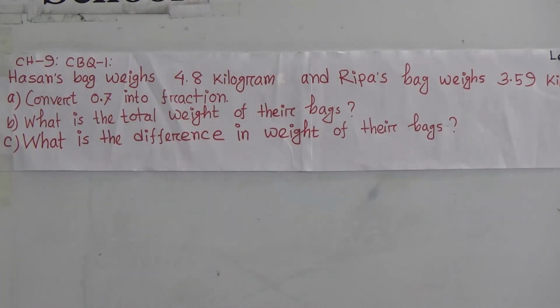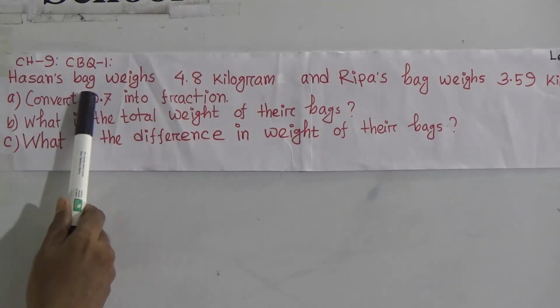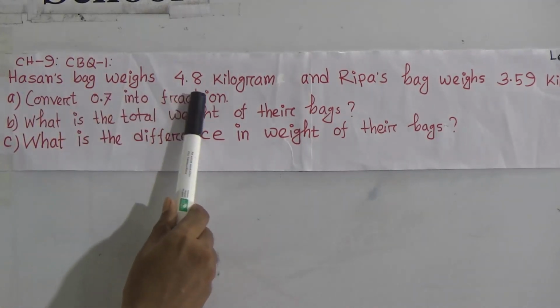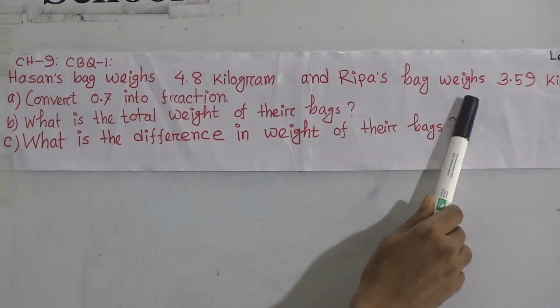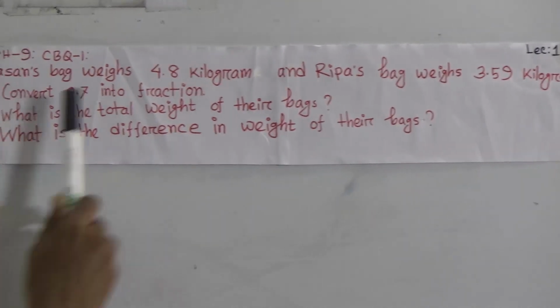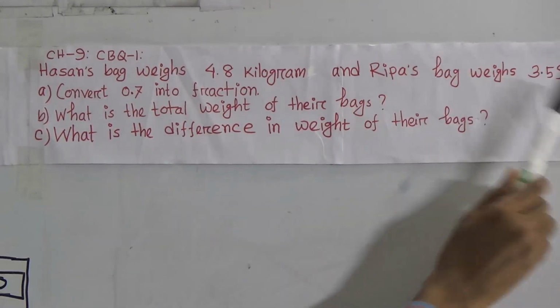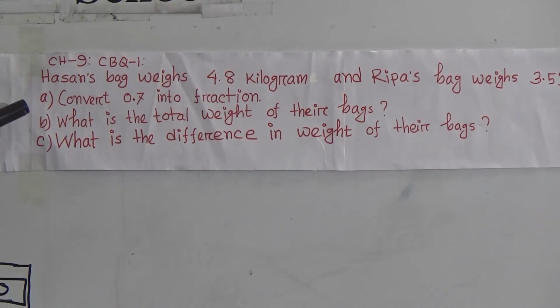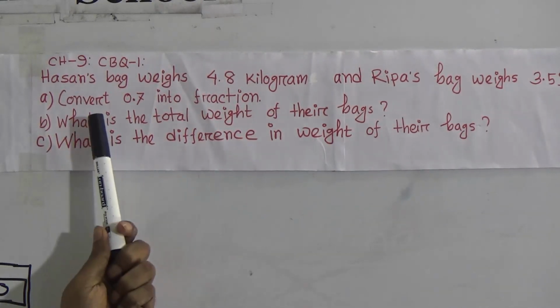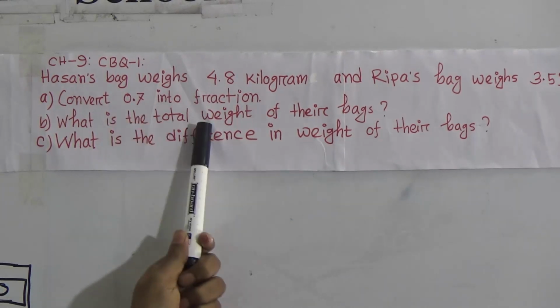Okay, you see Hassan's bag weighs 4.8 kilogram and Ripa's bag weighs 3.59 kilogram. This is the stem. In a CBQ question, this is the stem. Now A number question, convert 0.7 into a fraction.